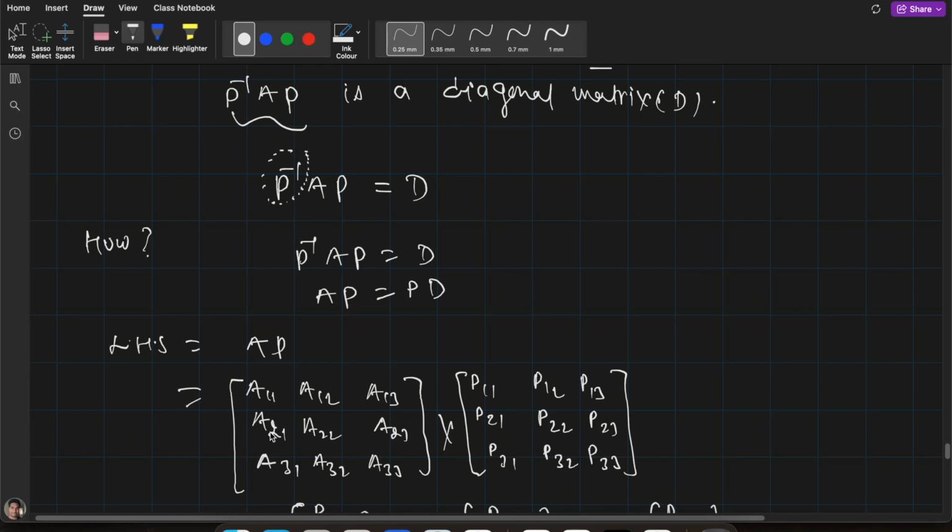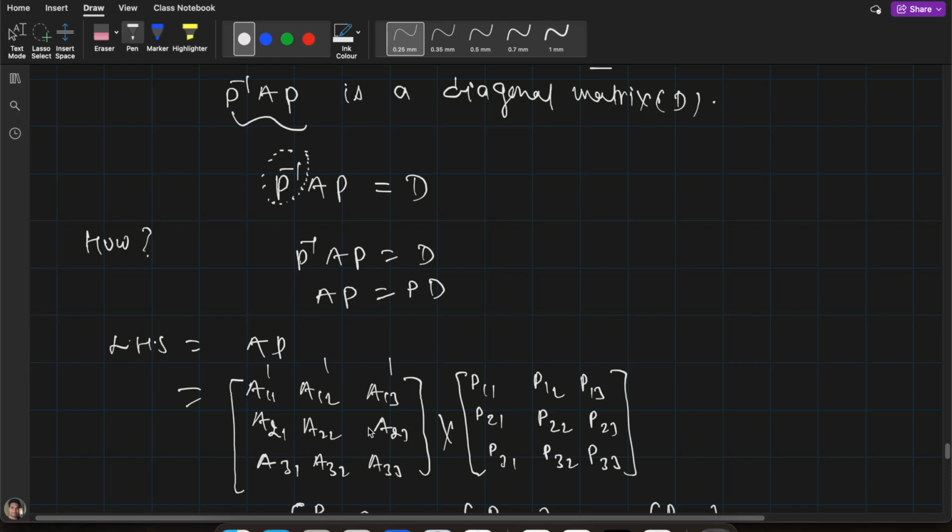Otherwise, the determinant of that matrix will be 0. If these columns are dependent, the rank of that matrix will be less than the order of the matrix, which means the determinant will be 0, so you are not able to get P inverse.